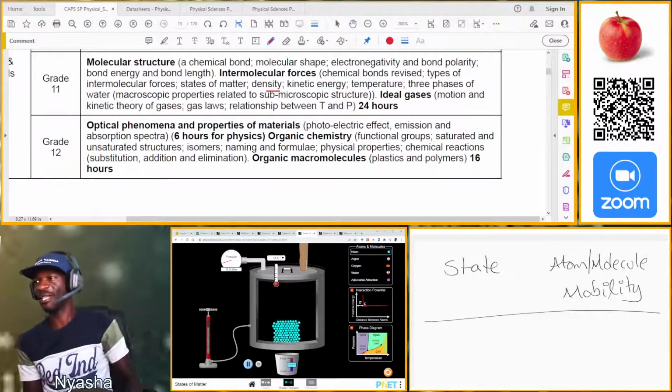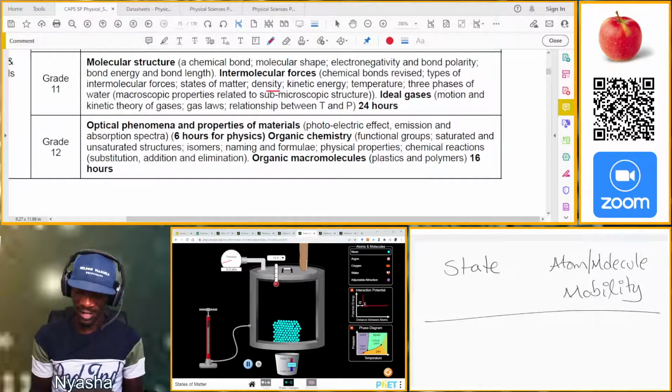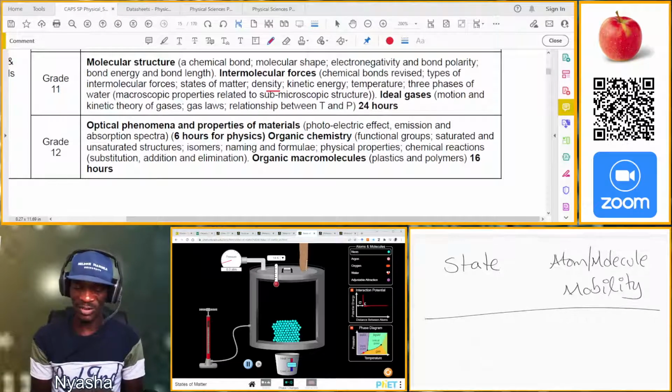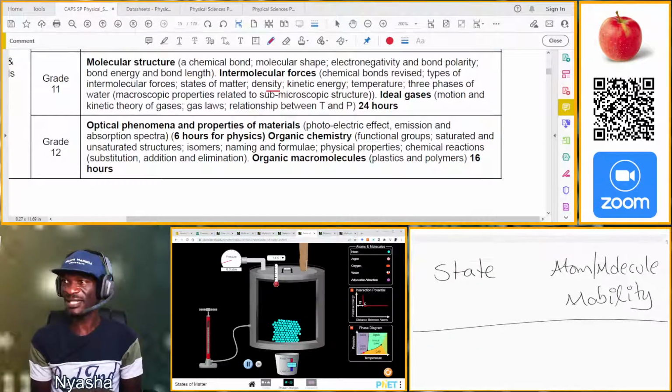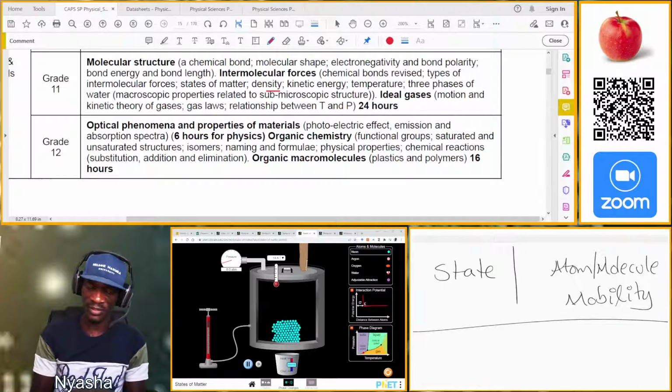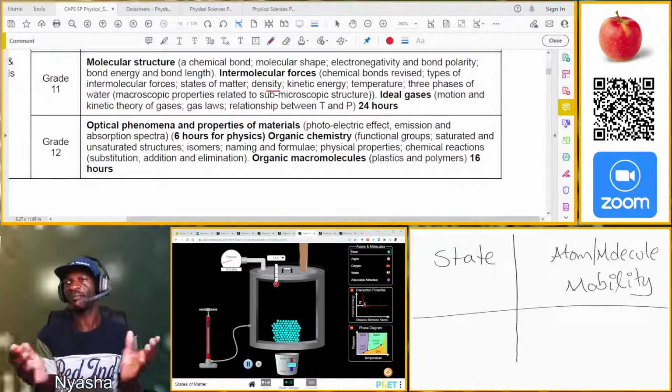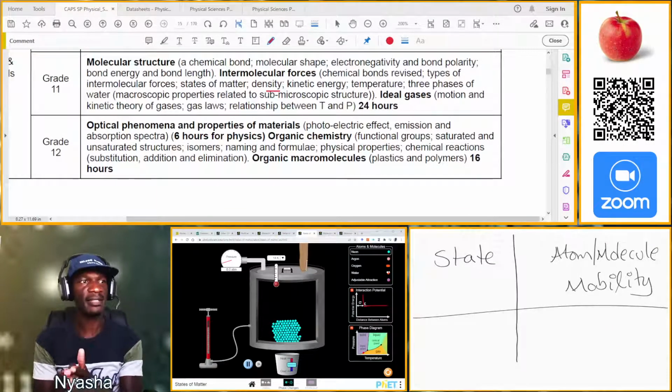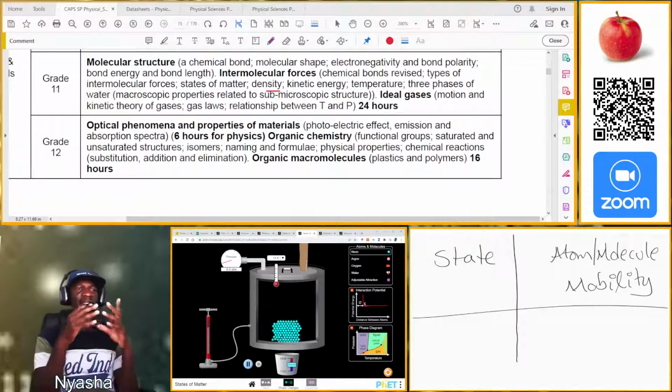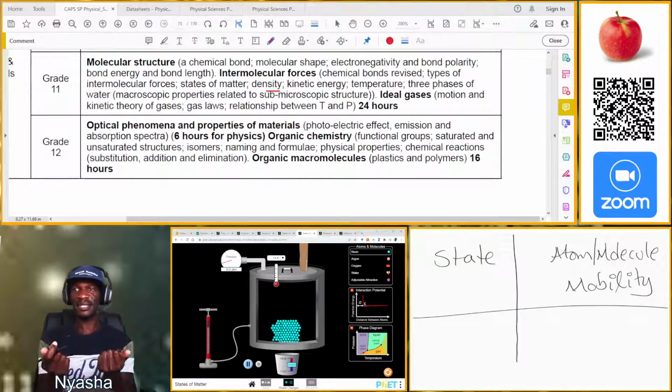This simply has to do with how fast the molecules or the atoms are moving. There are some elements such as noble gases. They exist in the gaseous state, right?